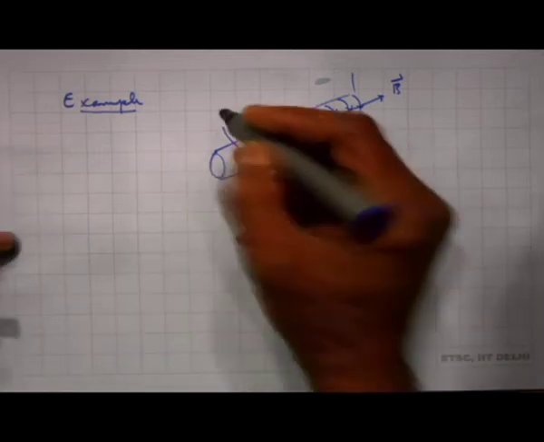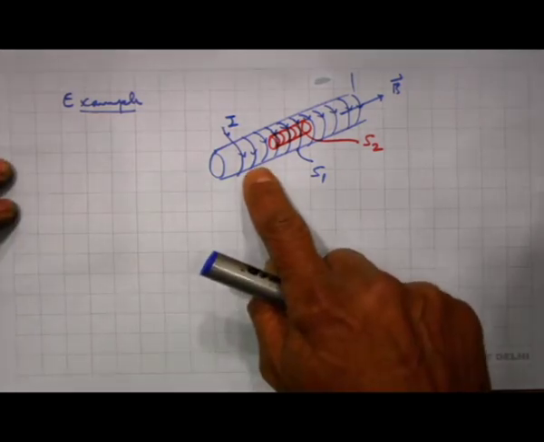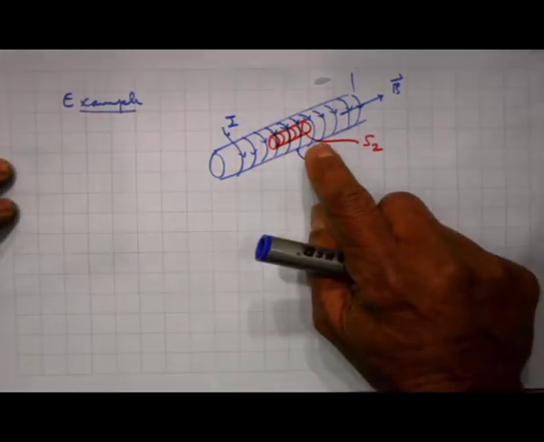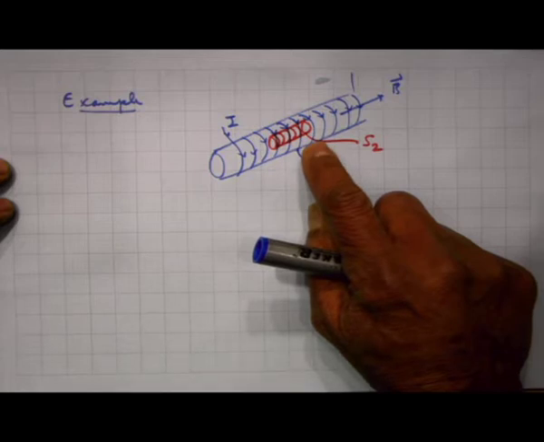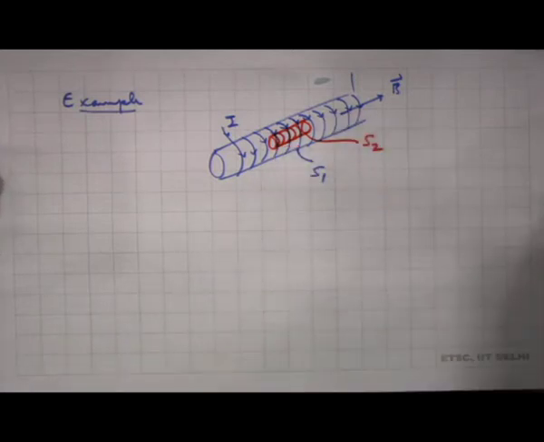If I change this current I passing through the outside solenoid, I will change the magnetic field within the solenoid with time. The changing magnetic field will change the flux passing through the inner solenoid with time. The changing flux within the inner solenoid will result in an induced EMF, and if the circuit is complete, then it will induce a current in the inner solenoid.